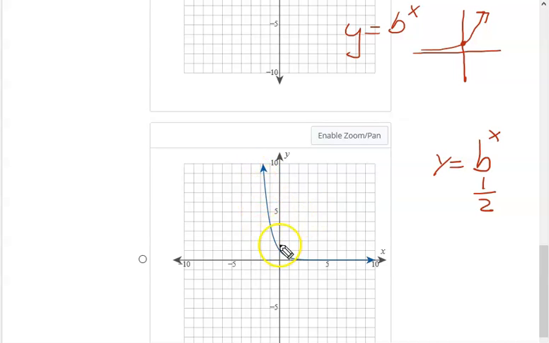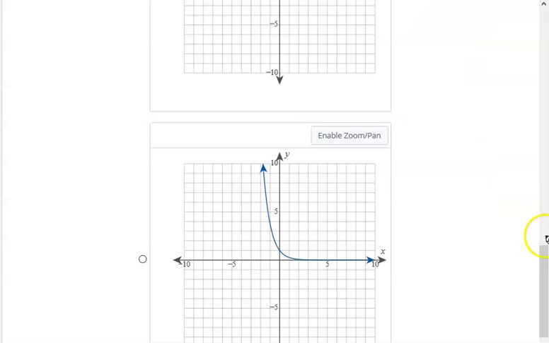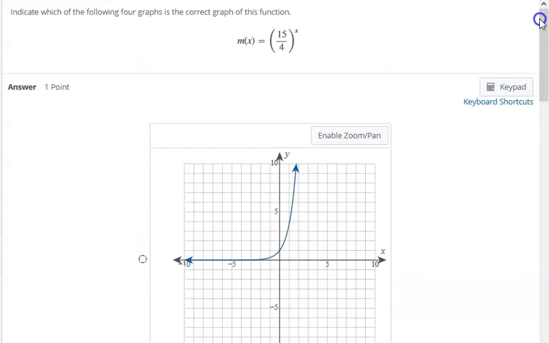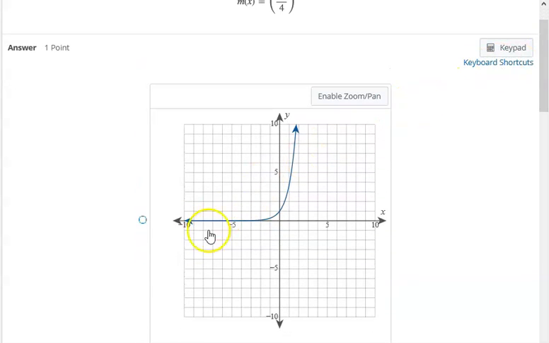So this would be a fraction less than 1. And so that's not it. So interestingly, on this first one, bringing it back up, I will select this one. That's the one that matches. All right, let's go on.